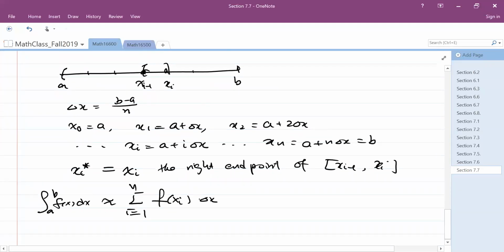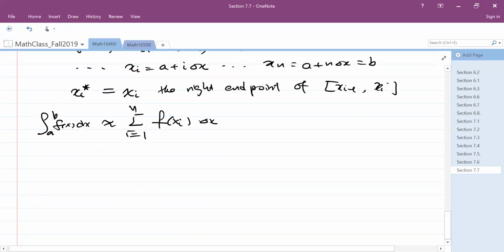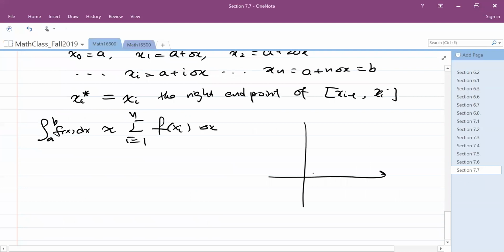Maybe we can get a better approximation. In some cases, yes, because look at this, right? Here, xi minus 1 to xi. Now, if we choose the right end point, the product looks like this part. And if you choose the left end point, you end up with this part. So one is too small, the other is too large.